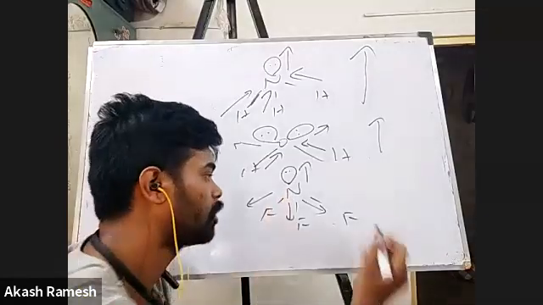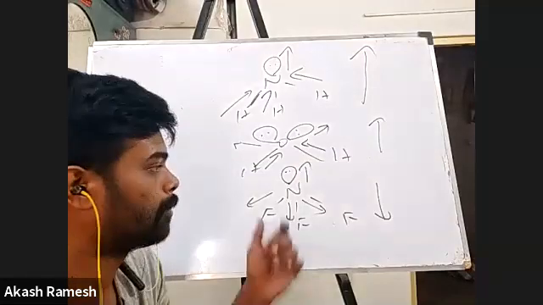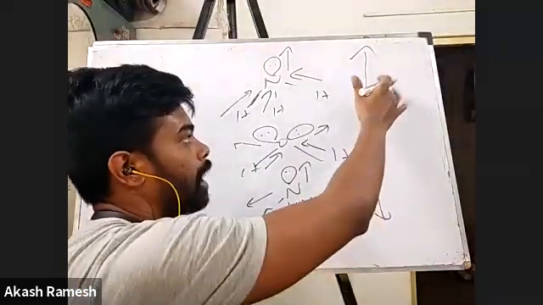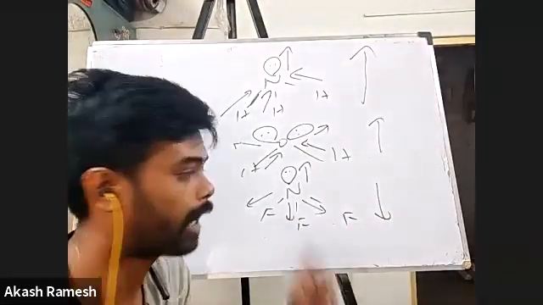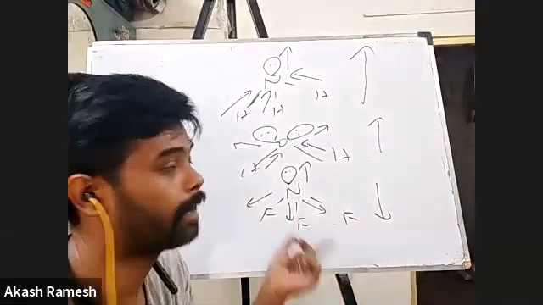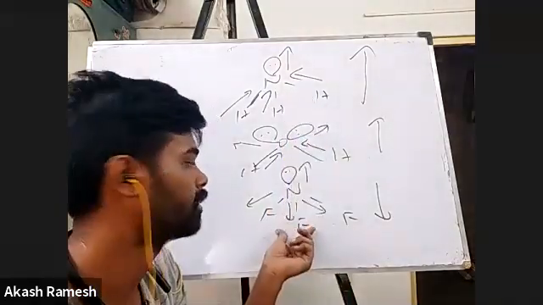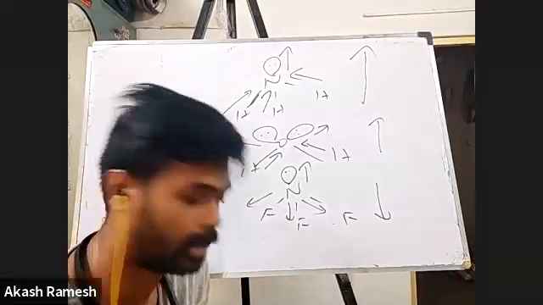So the overall dipole moment is going to be pointing downwards, not upwards. Obviously, the sign will be different for this and this. But if we talk about the magnitude, definitely the magnitude of dipole moment of NH3 will be higher than that of NF3. Did you understand?